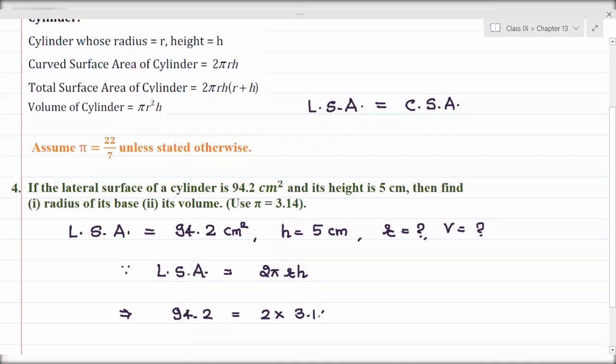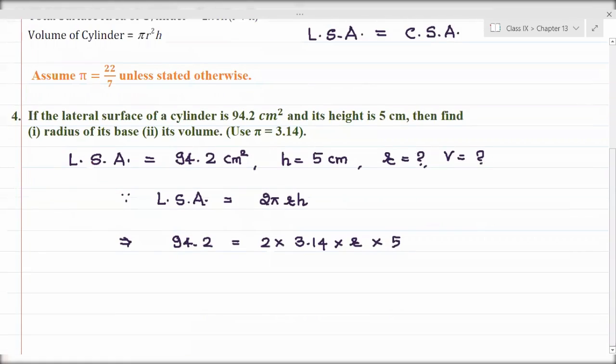Don't put 22 upon 7. We have to keep 3.14 here. And the value of radius is required to be found, and the value of height is equal to 5 centimeter.